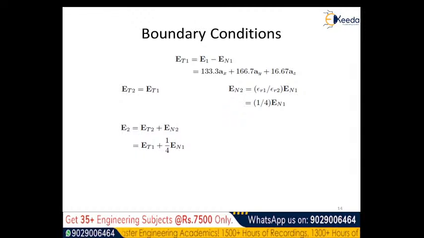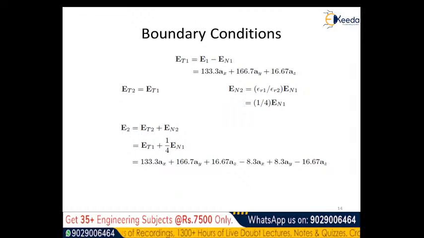Et1 we have, En1 also we have. So making the substitutions, the E2 expression becomes 133.3 Ax plus 166.7 Ay plus 16.67 Az minus 8.3 Ax plus 8.3 Ay minus 16.67 Az.